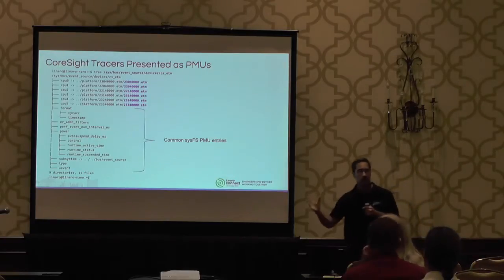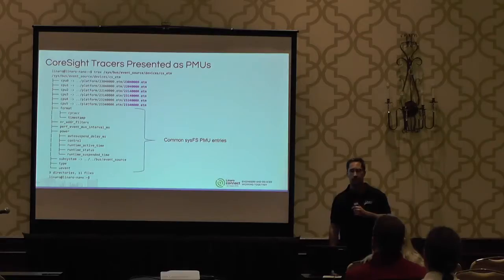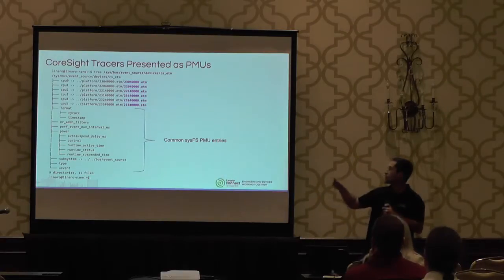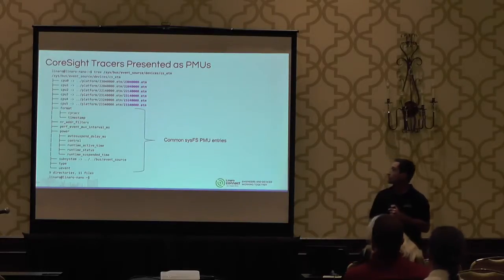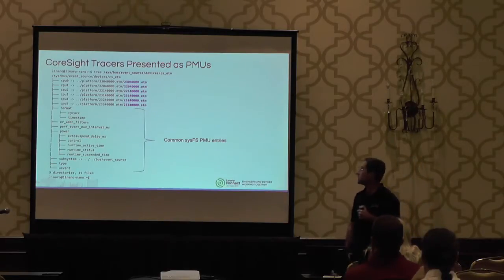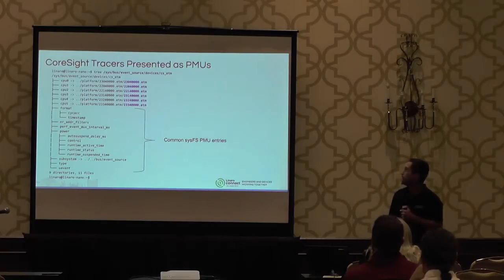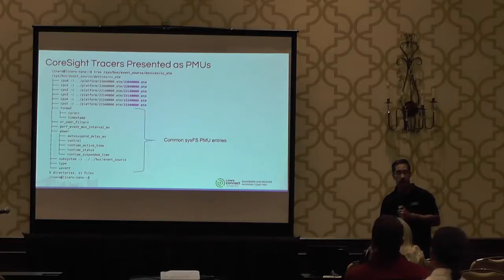All of the events that have been configured at compile time in the kernel are found under sysbus event source devices. You'll also find there, as I mentioned, because it's registered seamlessly by the core at boot time, the CS underscore event, and in there, all of the typical entries for a PMU, along with a symbolic link for each of the CPUs that you have in the system.